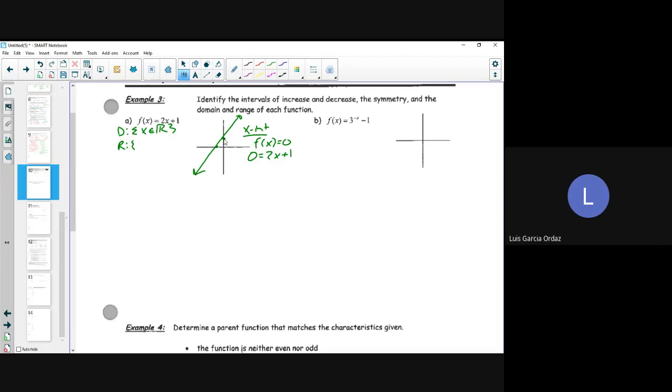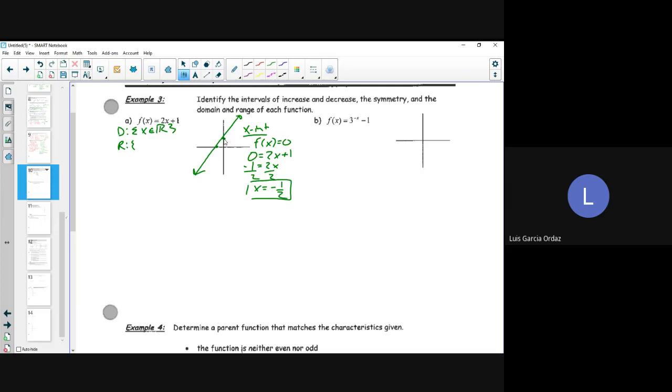What do we want to move over to isolate for x? The 1, so it becomes negative 1. So that would be your x-intercept.